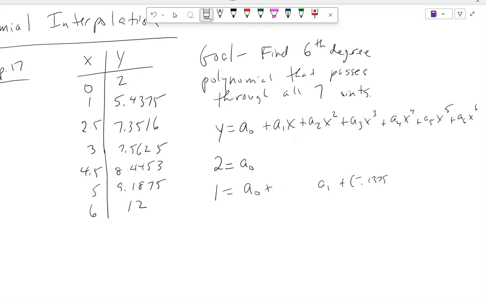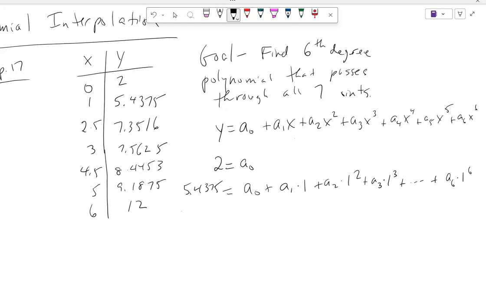I flip-flop my x's and my y's. What are you supposed to do? Oh, thank you. 5.4375 equals a0 plus a1 times 1 plus a2 times 1 squared, a3 times 1 cubed, all the way up to a6 times 1 to the 6th. There's a reason why I left them as 1s and not just wrote the equation.